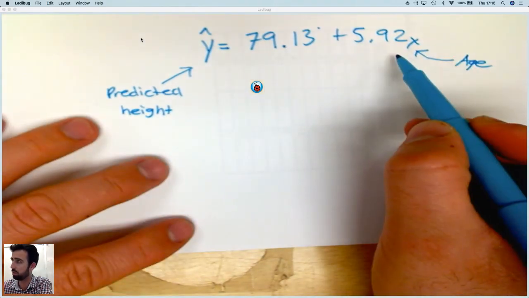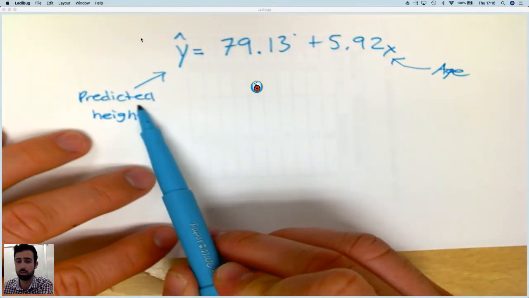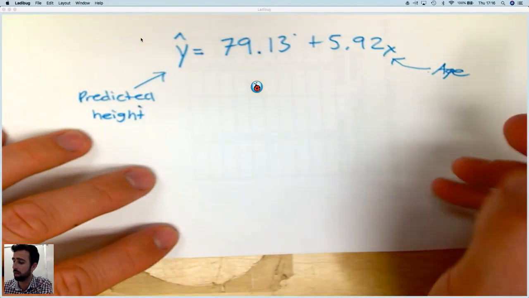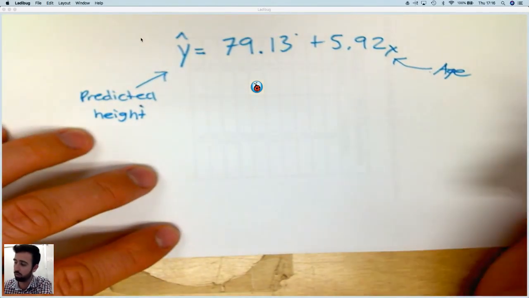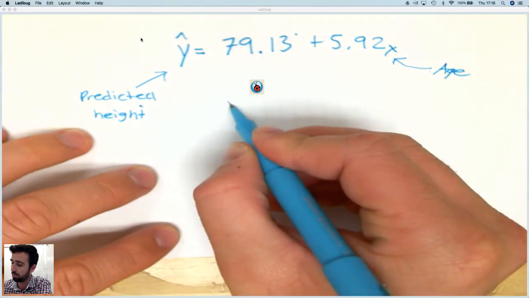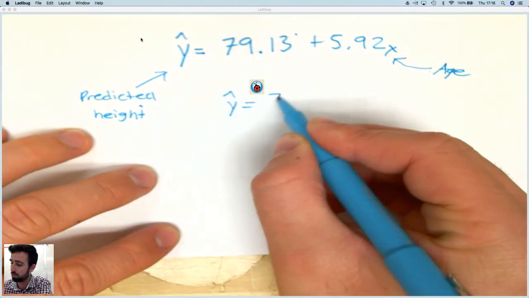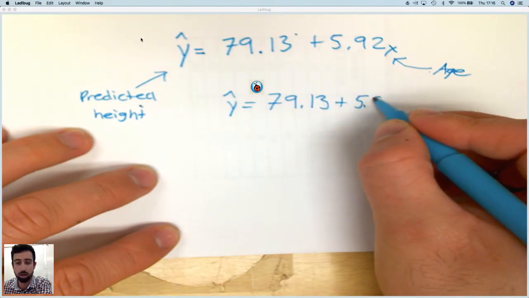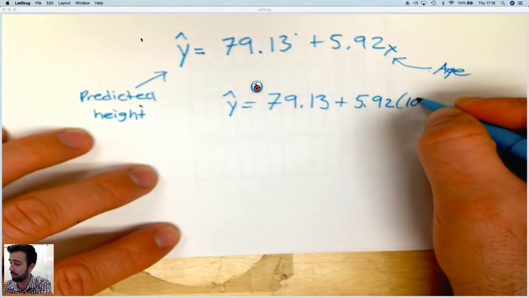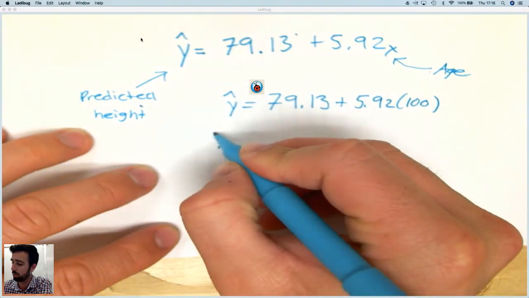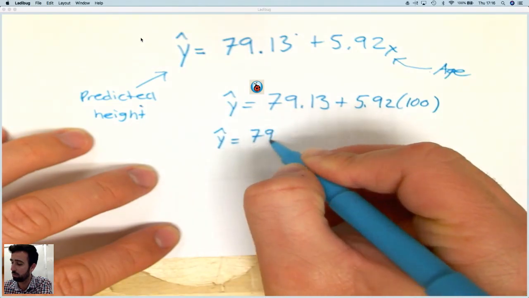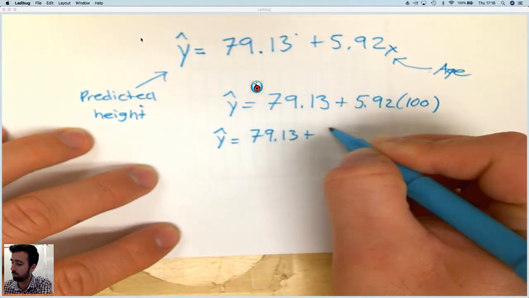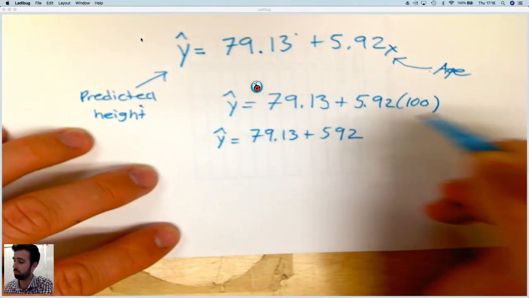So if I wanted to predict how tall someone was going to be at the age of, let's say, 100, I would take y hat equals 79.13 plus 5.92 multiplied by 100. So I'd get y hat equals 79.13 plus 592.